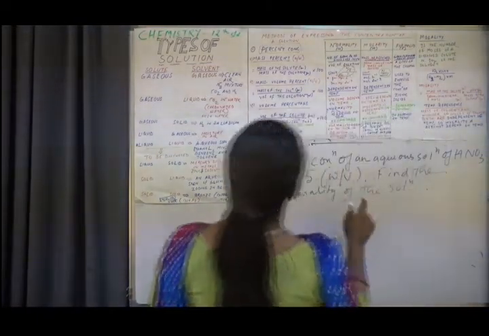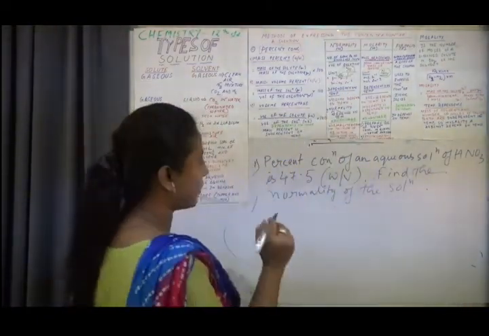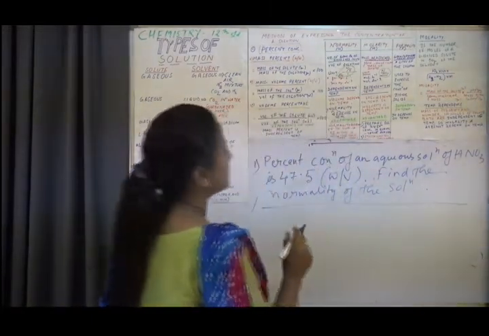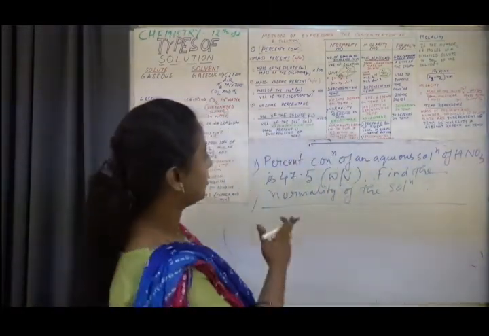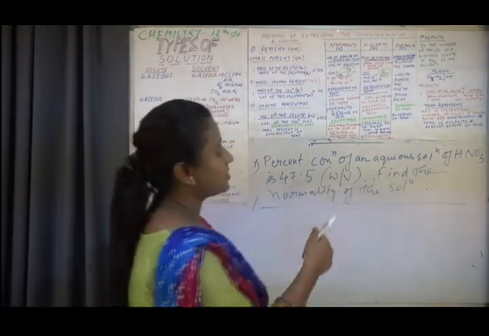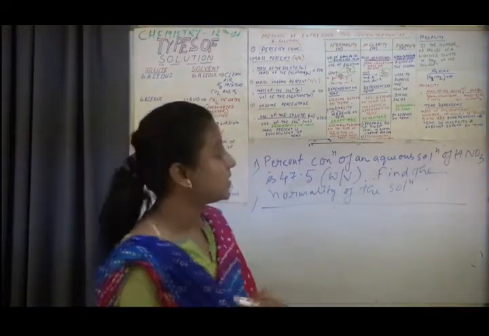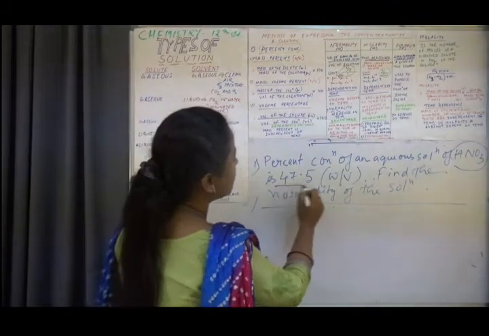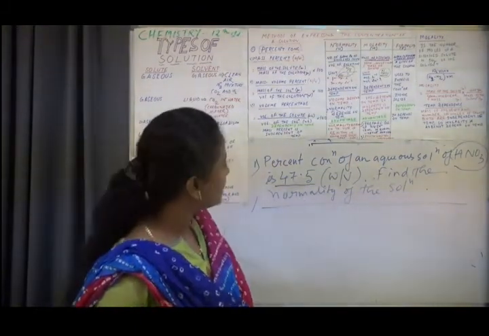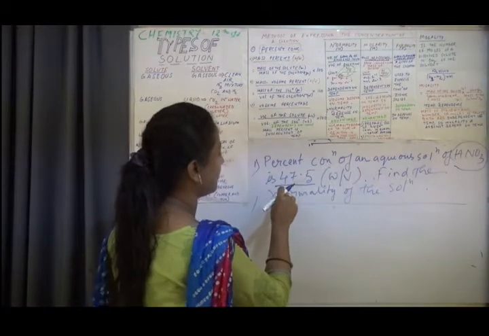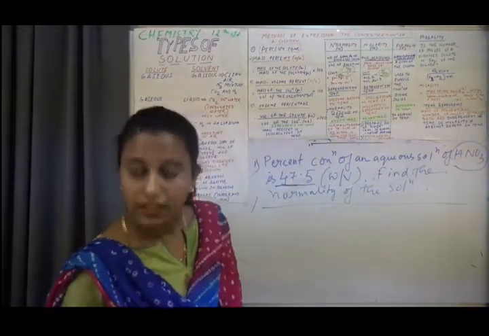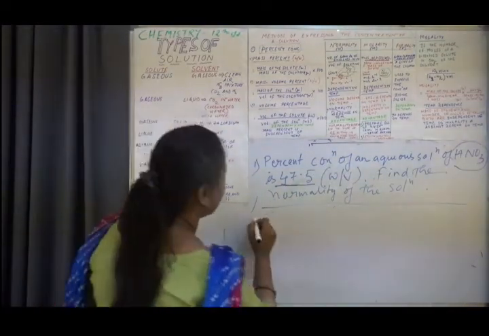This is the term we have to find out. First let us understand the question. The percentage concentration of an aqueous solution of HNO3, nitric acid, is 47.5. We have to find out the normality.